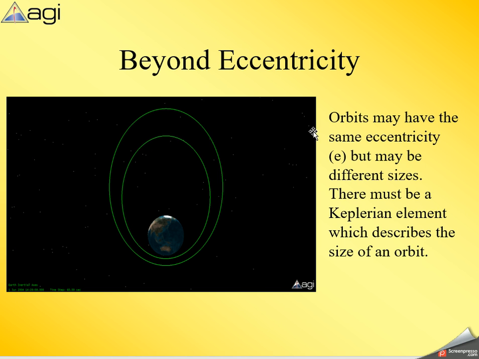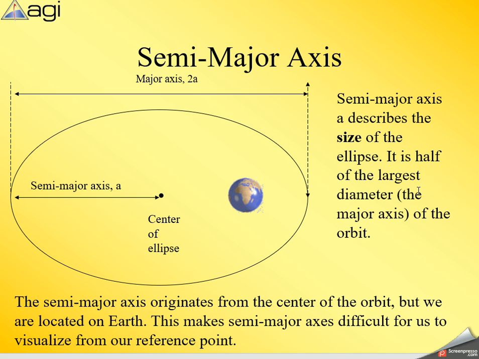The next thing we look at is the size of the orbit itself. The size of the orbit is half of the largest diameter, or the major axis. So the semi-major axis is what we're looking at. The semi-major axis originates from the center of the orbit. Since we are on the Earth itself, it's hard to work with the center over there.